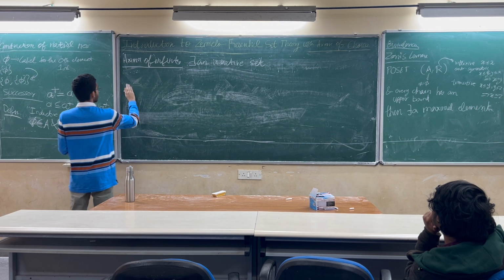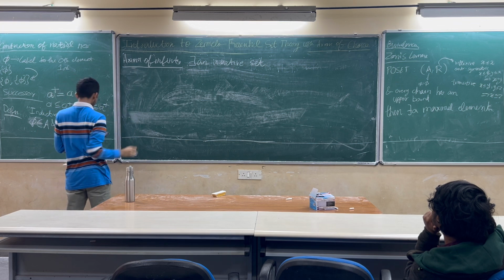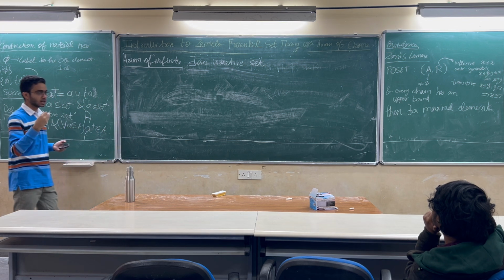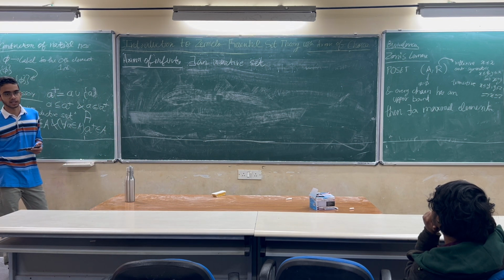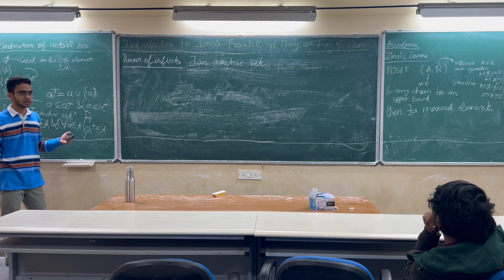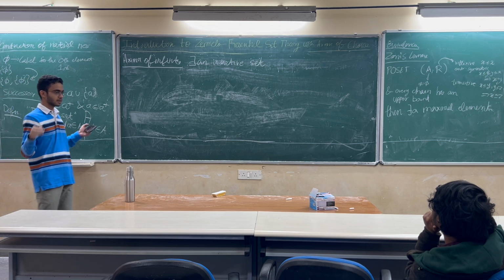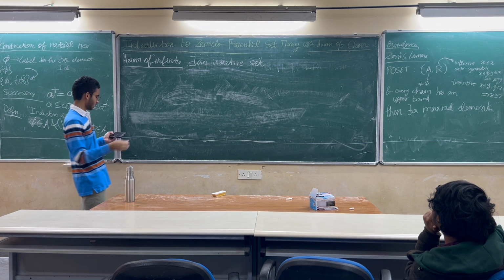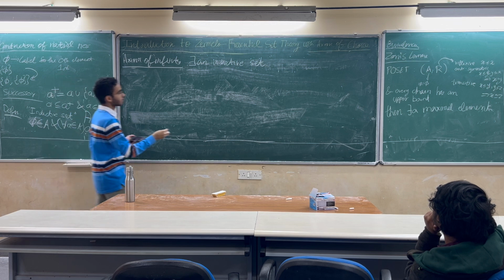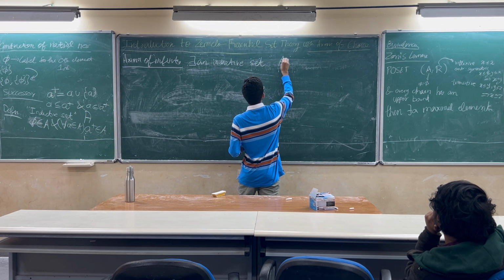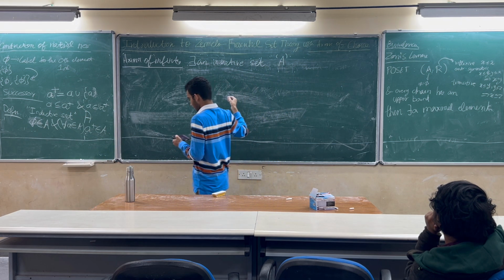We can't actually take the intersection of all inductive sets, because there cannot be a set containing all inductive sets. To take the intersection of some sets, we need a set containing all of them, which may not be the case.